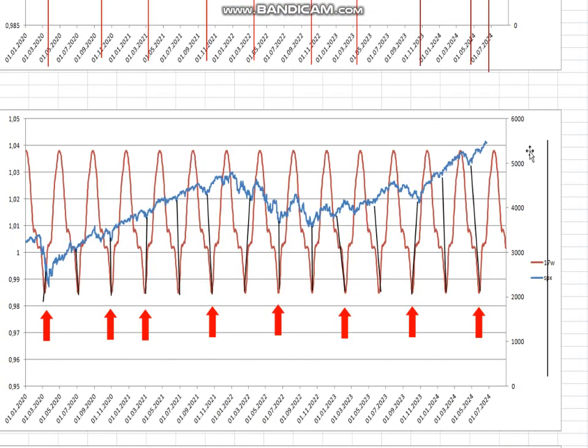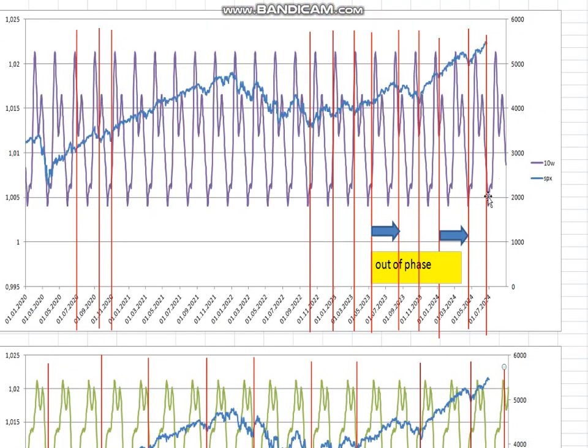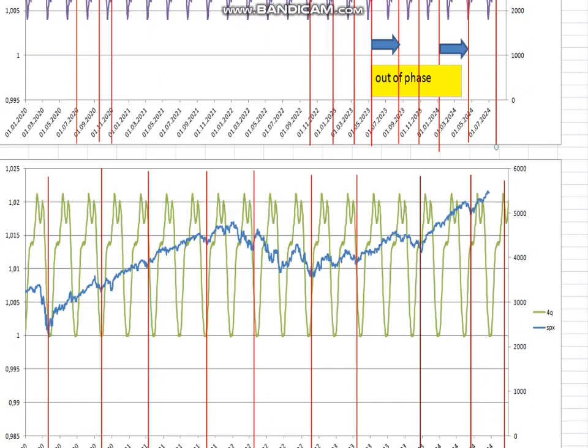Looking at each individual cycle, we see we are in the up phase of this 17-week cycle with a top around end of July, but the quarterly cycle is making a low this coming week and then going up, and the 10-week cycle is making a low this coming week and then going up.